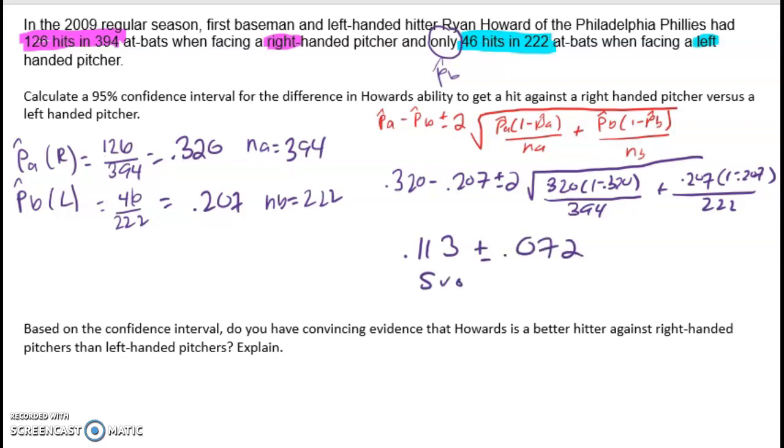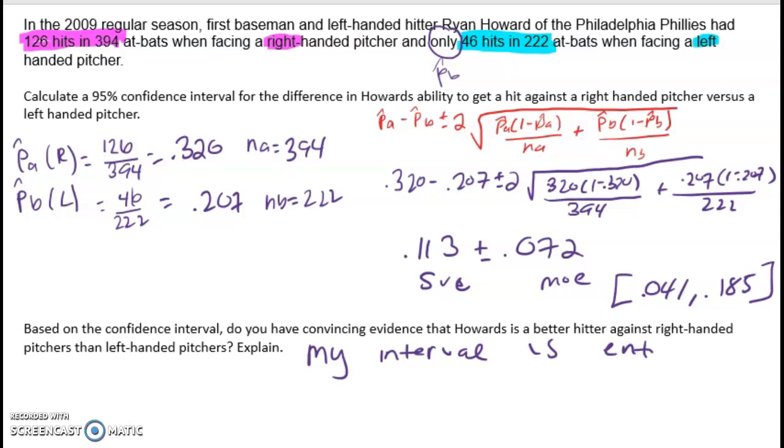So single value estimate, margin of error, my confidence interval is 0.041 to 0.185. So check to see if you were able to get that. So based on the confidence interval, do you have convincing evidence that he's better against right-handed pitchers? Well, in this case, my interval is entirely positive. That means you do have evidence.